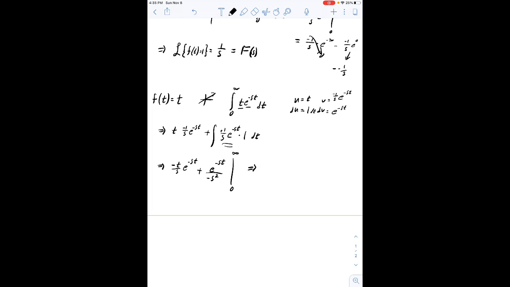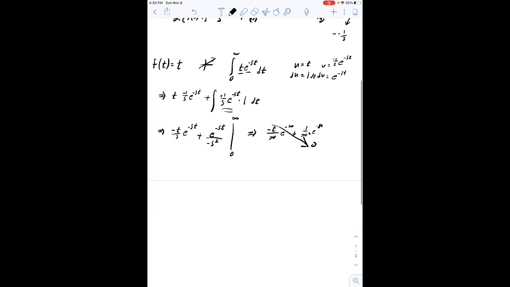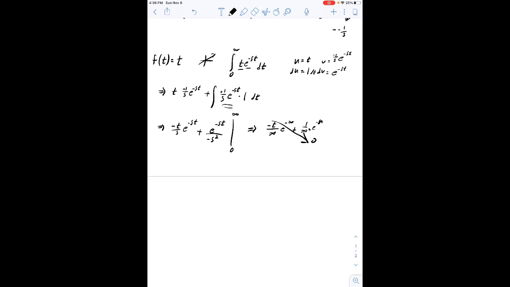And we get negative t over infinity e to the negative infinity plus 1 over infinity squared e to the negative infinity. So this term is just 0. Now when we plug in 0, we get negative 0 over s e to the 0 plus e to the 0 all over negative s squared.